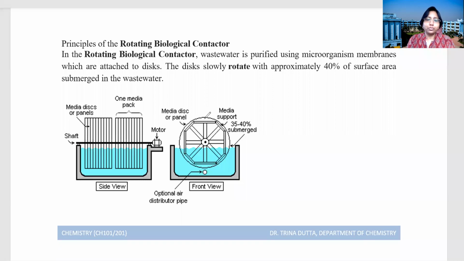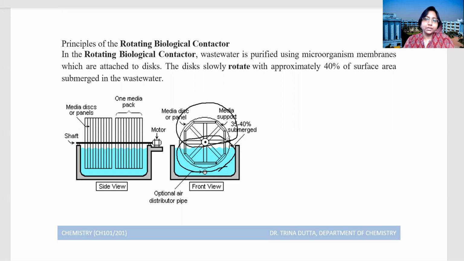So when it moves, this portion is first immersed in the wastewater, so the decomposition will take place. And the upper section will get the oxygen.